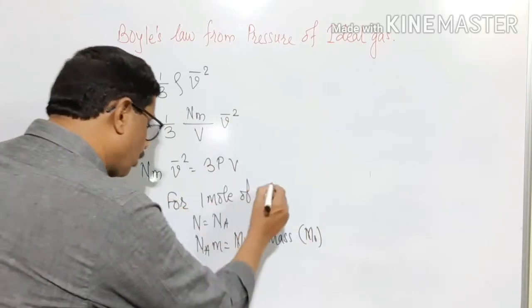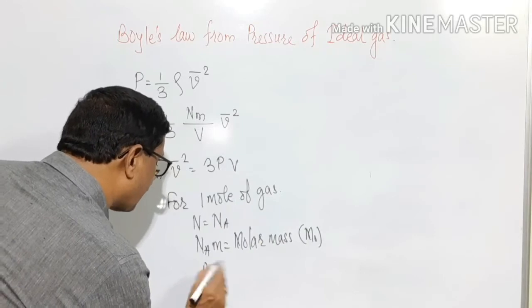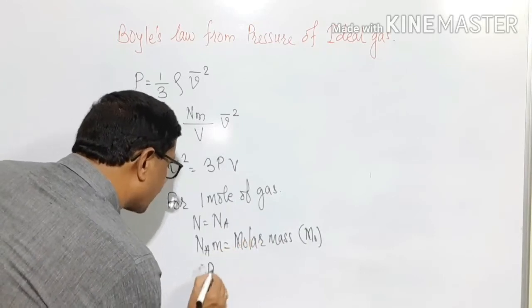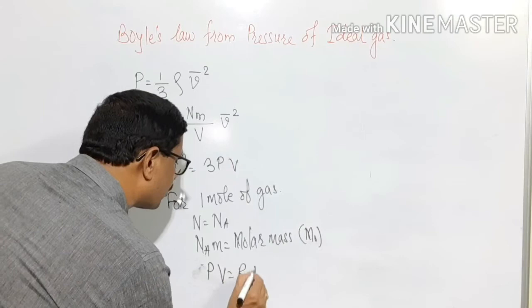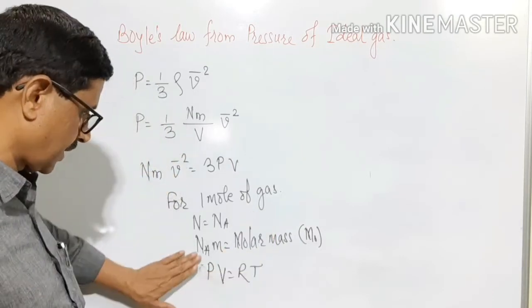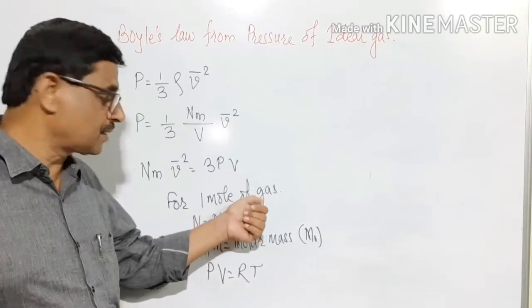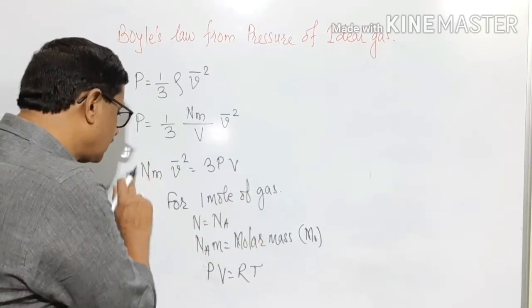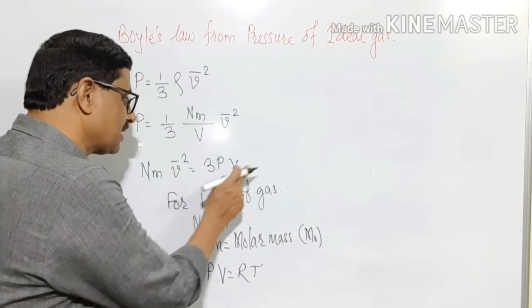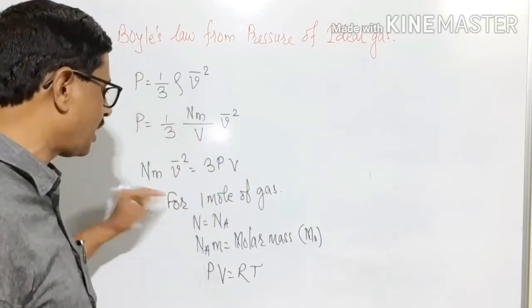For 1 mole of a gas, P into capital V is equal to RT. So Nm is the molar mass of the gas and PV is equal to RT.